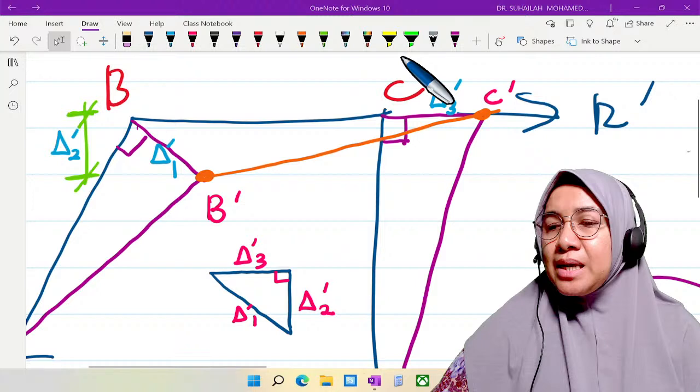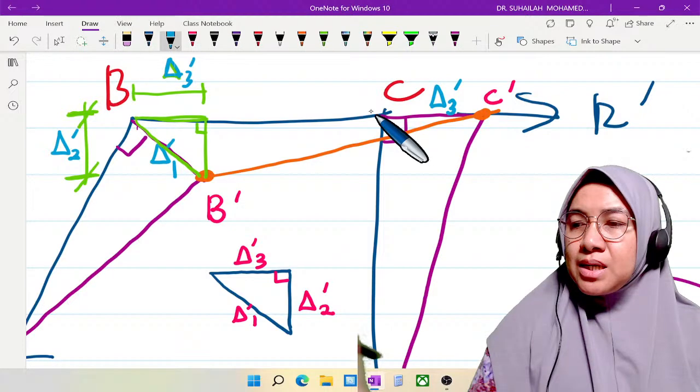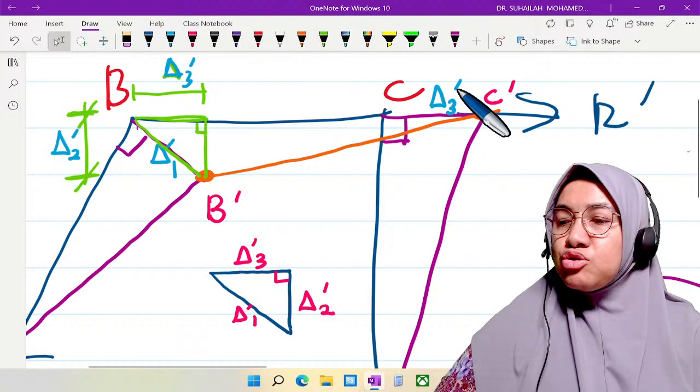So this distance and this distance should be equal. This is delta 2, and this one is delta 2 prime. So we will focus on this: delta 1, delta 2, and delta 3.